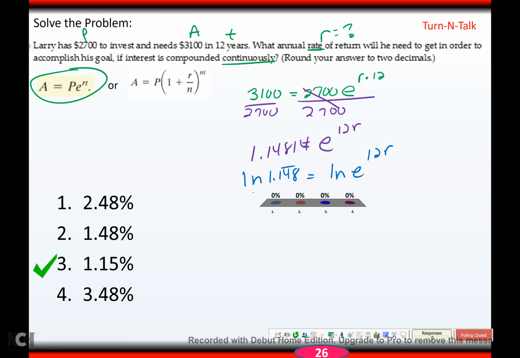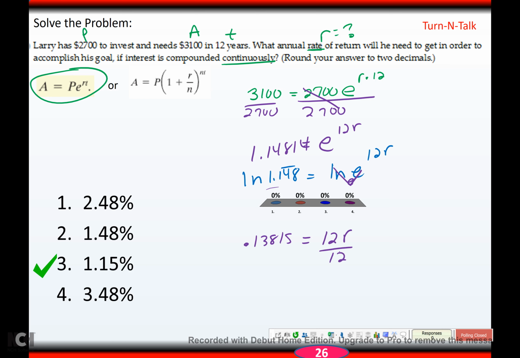On the left-hand side, type it in the calculator. The natural log of that answer is 0.13815, blah, blah, blah. On this side, they cancel out, and I get 12r. Yeah?